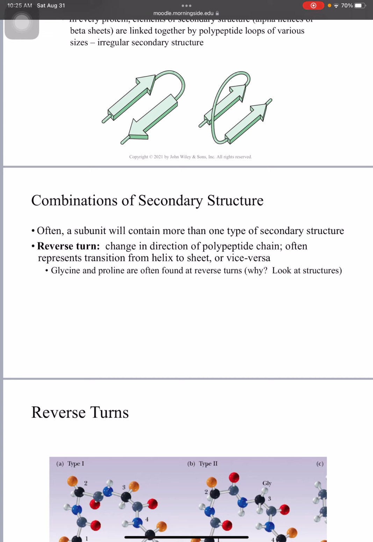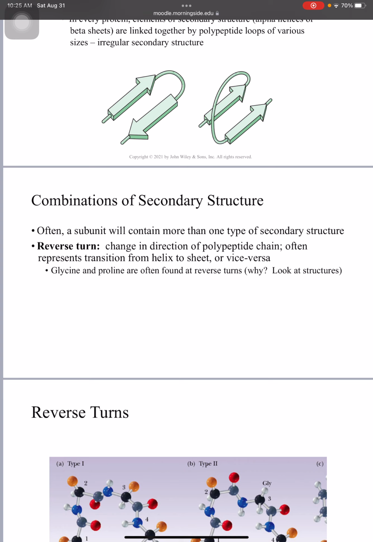So having something like glycine is very helpful there because glycine has the smallest side chain of any amino acid. Its side chain is literally a proton. It's an H. Because of this, glycine doesn't take up very much room, and it can fit very well into making this tight, narrow change in direction.